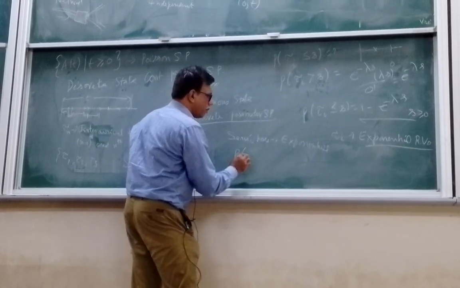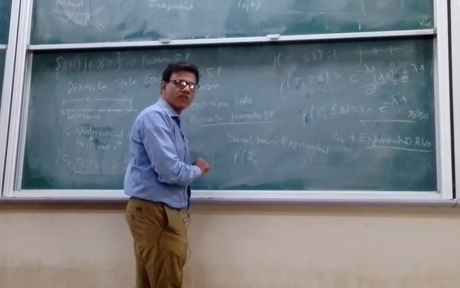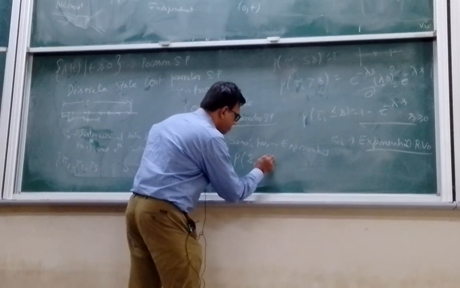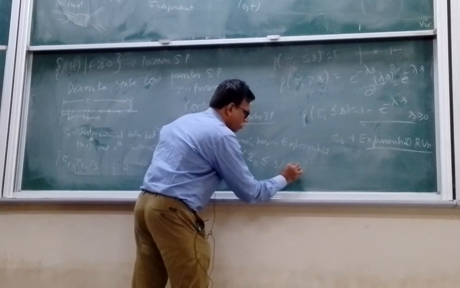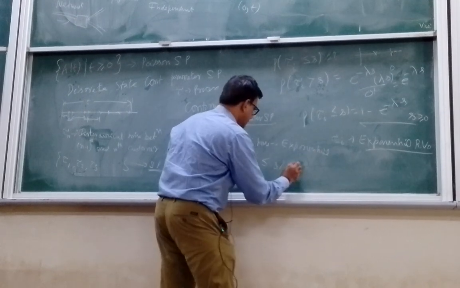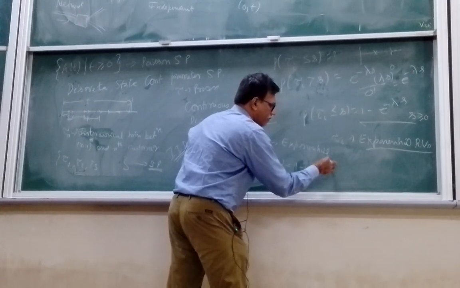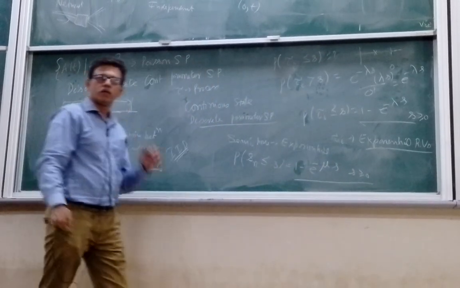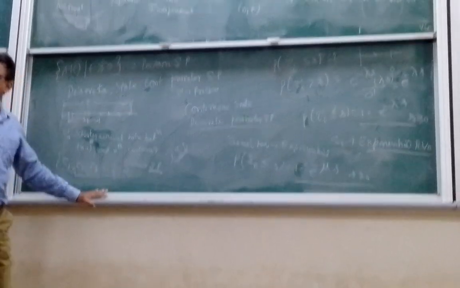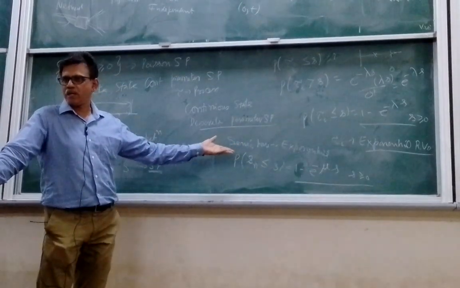We will say the probability that the service time, which we will call S_n, of the nth customer is less than or equal to some s is 1 minus e power of minus mu s. We will use another rate mu for this. This is how we can model the service. This is done for convenience. It not necessarily will be the case.